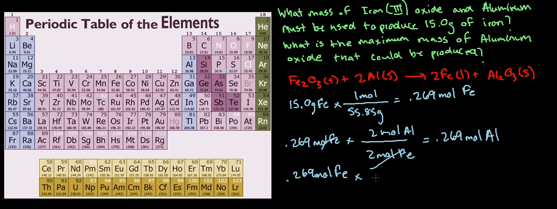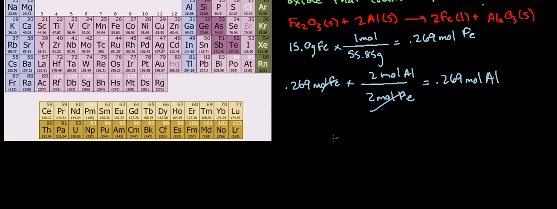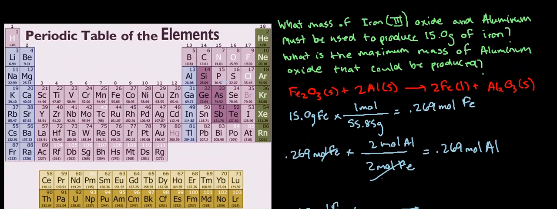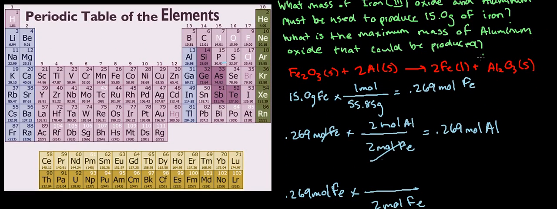This many moles of iron. Actually, I need a little bit more space. And for 2 moles of iron, it only takes 1 mole of iron 3 oxide to produce them.